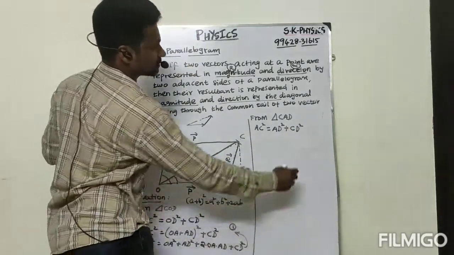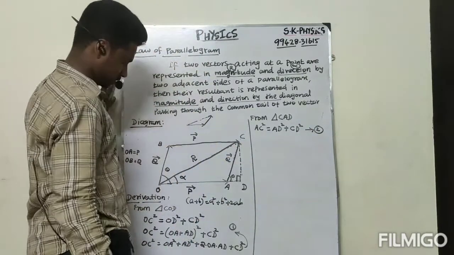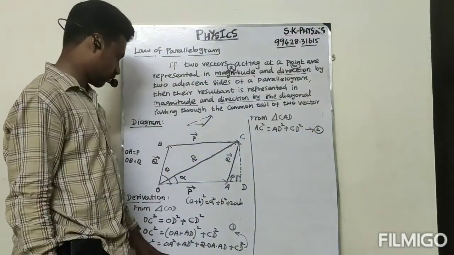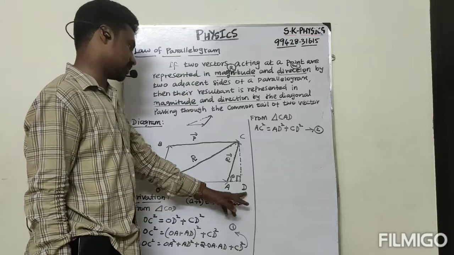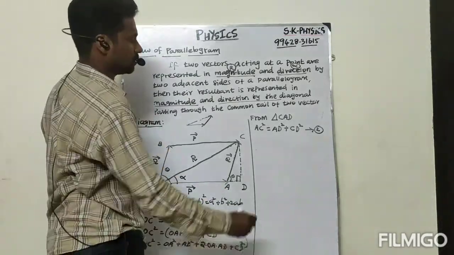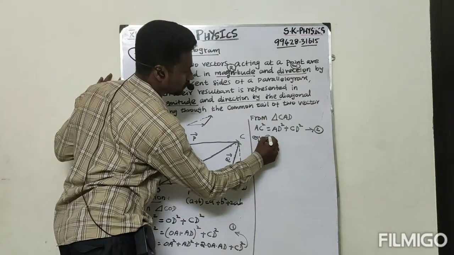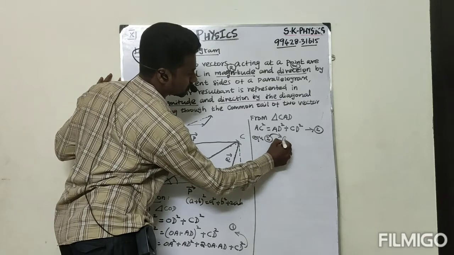This I take as equation number 2. Equation 1 is from the big triangle, equation 2 from the small triangle. Now equation 2 is applied in equation number 1.